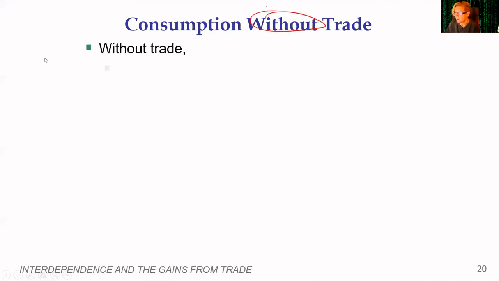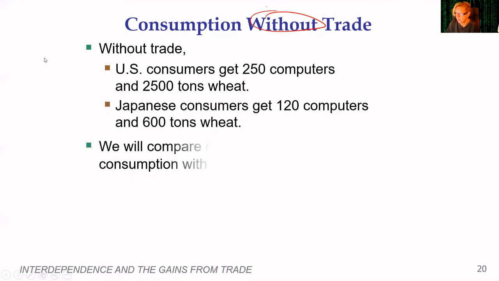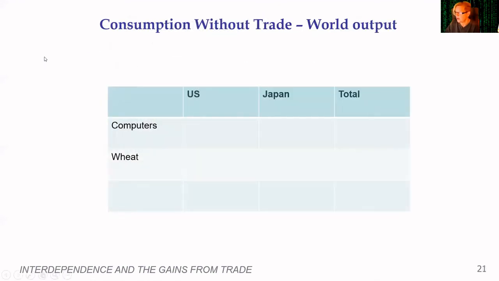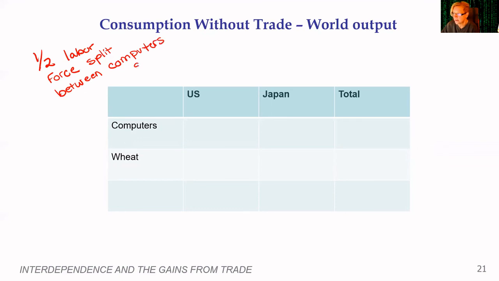And if we look at this without trade, what is our world consumption? So I like to look at it like this. So the US currently can produce, using half of its labor force. So we're going to go ahead with that assumption. Half of the labor force is doing each good, split between computers and wheat, because that's where we left off with each of them, right?